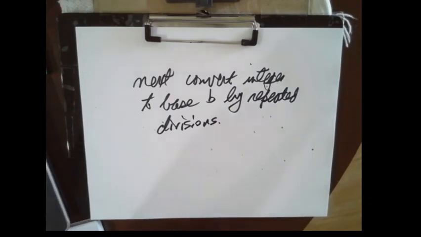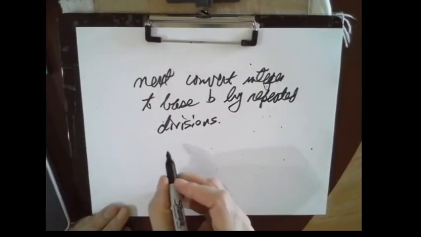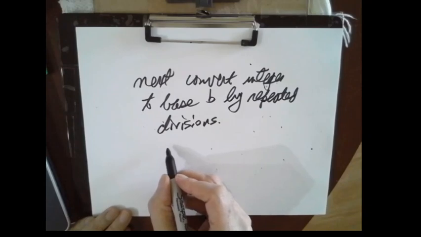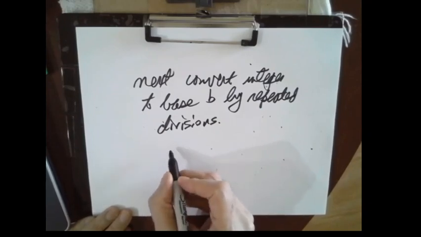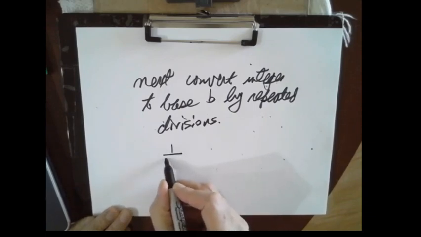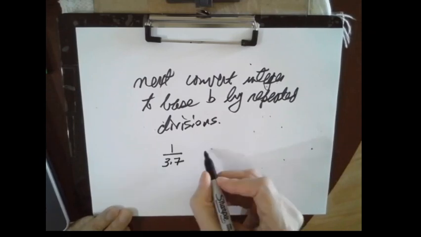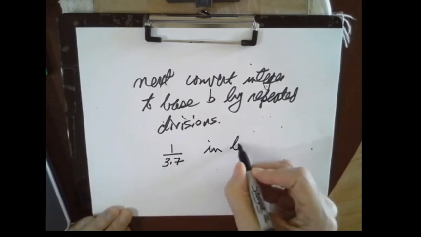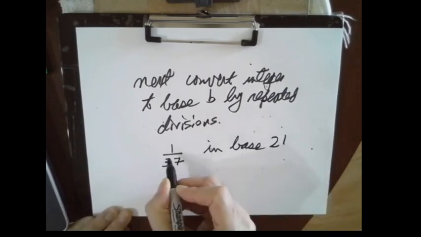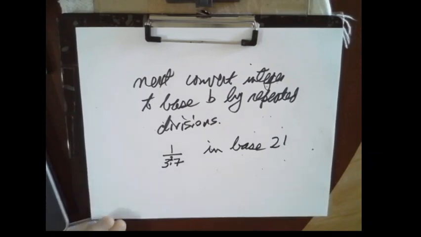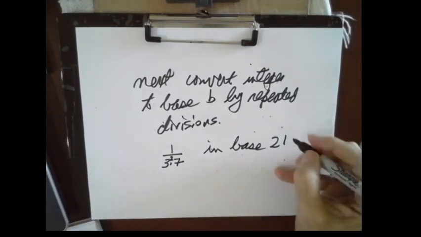Okay, so I think we sort of did this. Let's say I want 1 over 3 times 7 in base 21. Let's make it a little bit more dramatic: 1 over 3 squared times 7 in base 21.